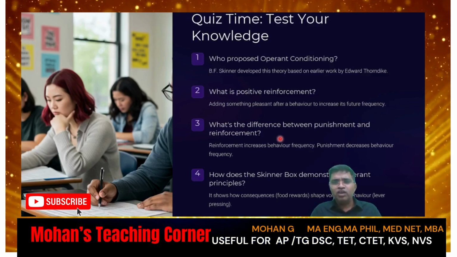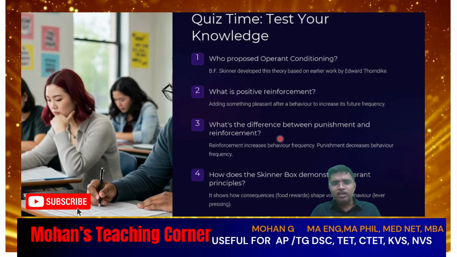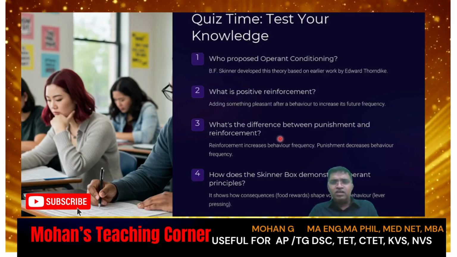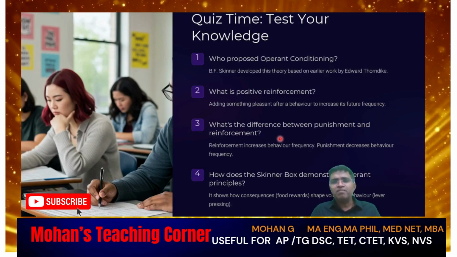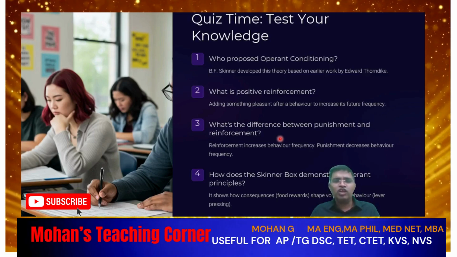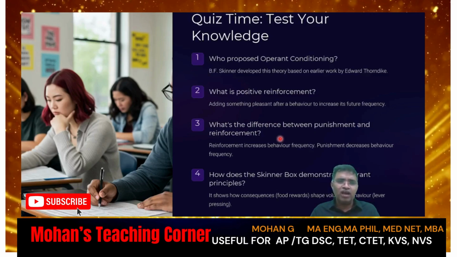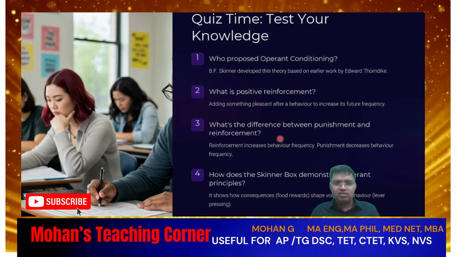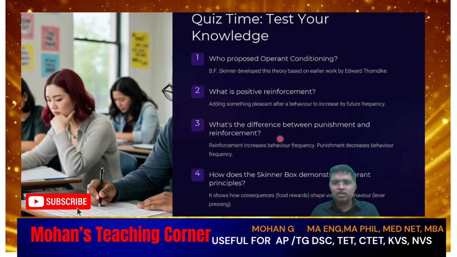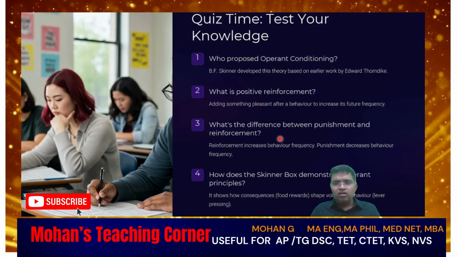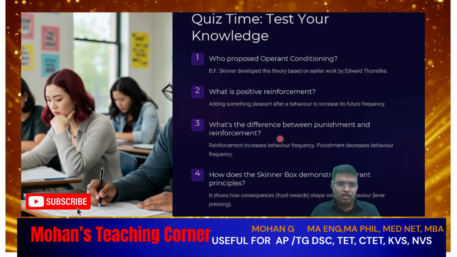What is the difference between punishment and reinforcement? Reinforcement increases the behavior frequency, while punishment decreases the behavior frequency. If something is good, you have to increase it with reinforcement. If something is bad, you have to give punishment so that the bad behavior will decrease.